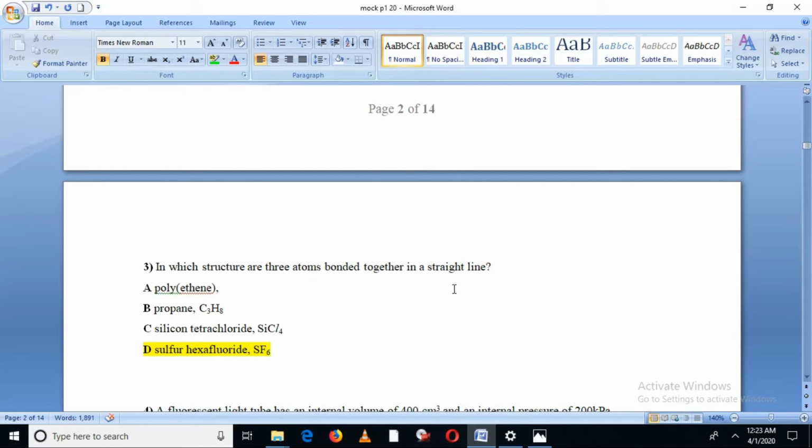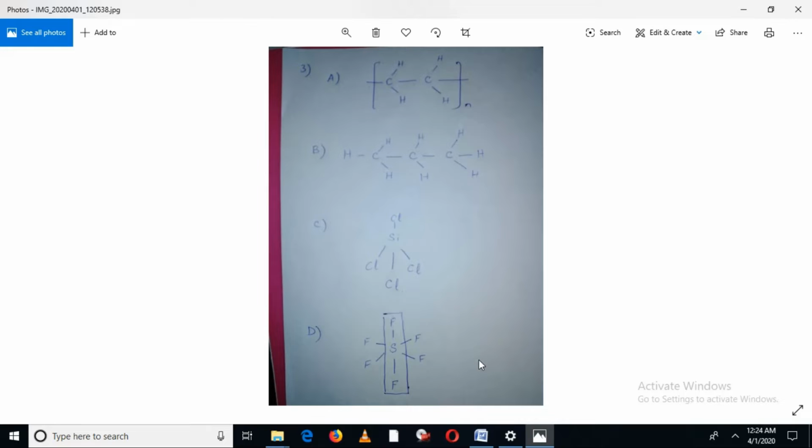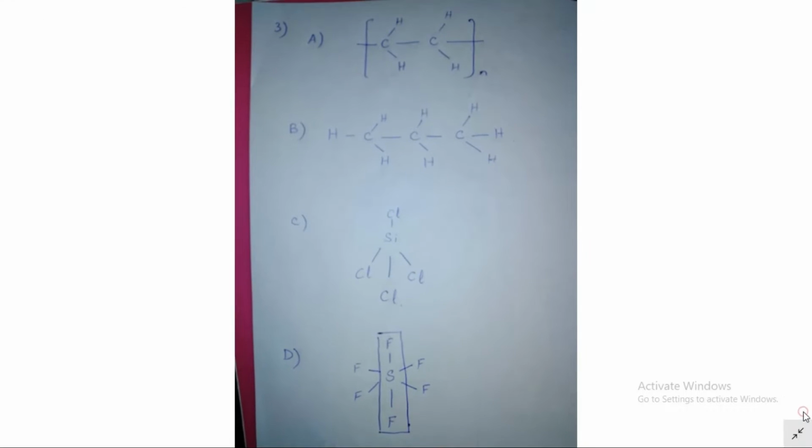Now the third MCQ is: in which structure are 3 atoms bonded together in a straight line. I have highlighted the answer in yellow color, that is sulfur hexafluoride, SF6. As you can see from the diagram, I've drawn the structures. The structure A belongs to polyethylene.